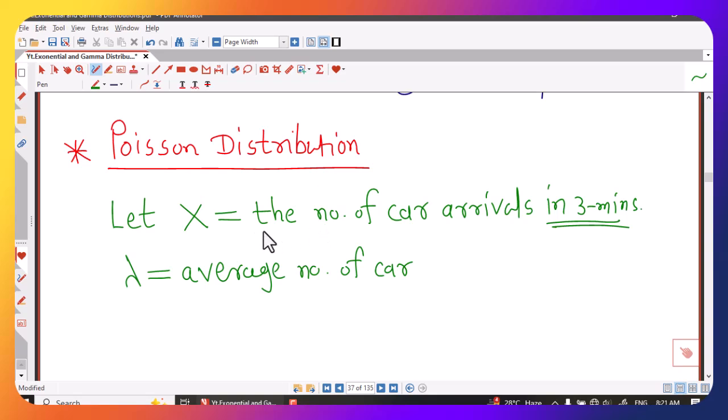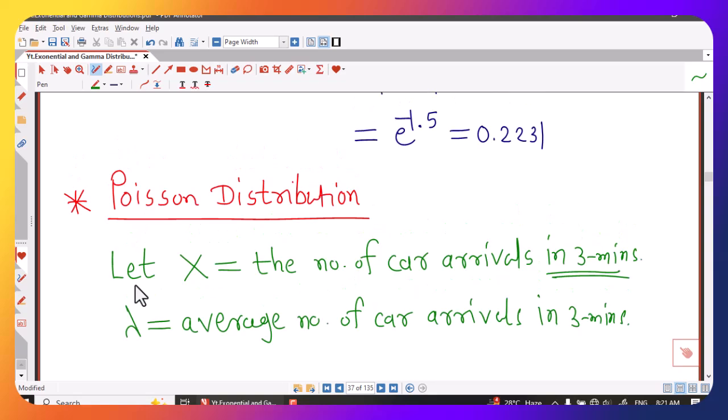So here our lambda is the average number of car arrivals in 3 minutes. Okay. Understand the difference between Poisson and exponential distribution. In exponential distribution, capital X is the time until car arrival in minutes, and lambda was the average number of cars per minute, or the average number of events per unit of time.